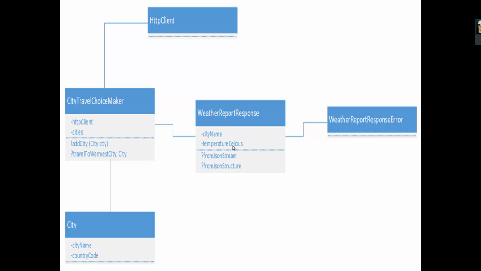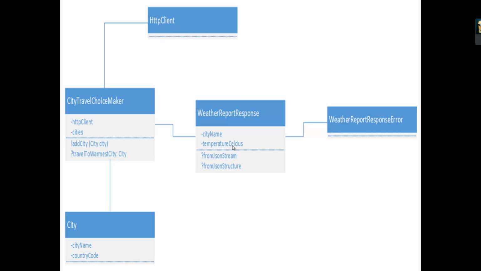So they want to travel to the warmest city that they have in their list of preferred cities. So we're going to use a web service to find out where the warmest place right now is, so that the employee can travel to that place. And basically for this, we have this city travel choice maker that is going to find the warmest city for us, requesting the data from a web service.